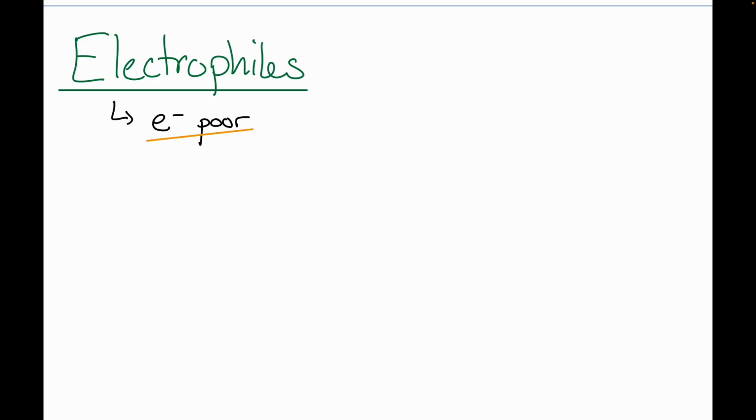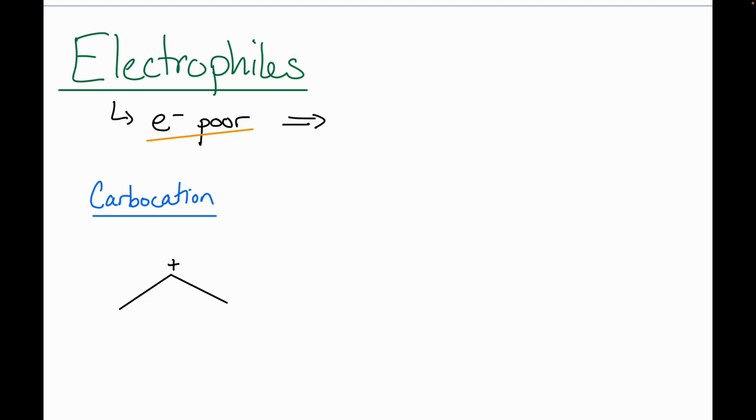So whereas with my nucleophiles I was looking for negative charges, what about my electrophiles? Cool, yes and no. It's a little bit more complicated than that sometimes. I am looking for electron deficiency, and one amazing electrophile is indeed a carbocation. And I can spy that as an electrophile very easily because it has that net positive charge. All right, but there's something else that our electrophiles need to have.